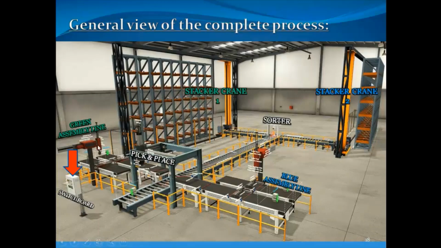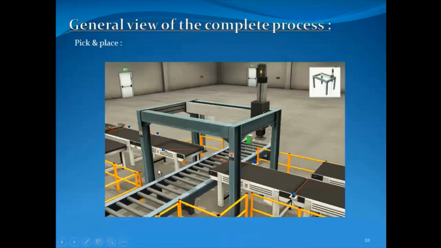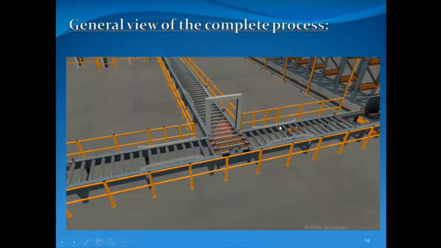And we have the switchboard and the assembly lines. This is a closer picture of it. This is the blue one, the 2-axis picker, and there's the pick and place, which you're going to see here zoomed in, and the sorter.